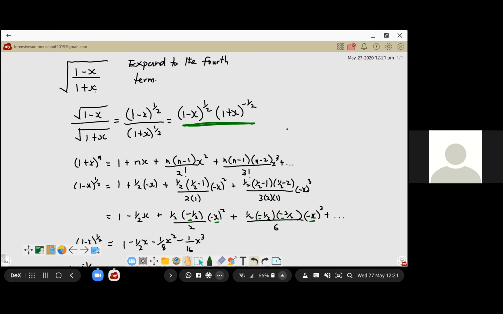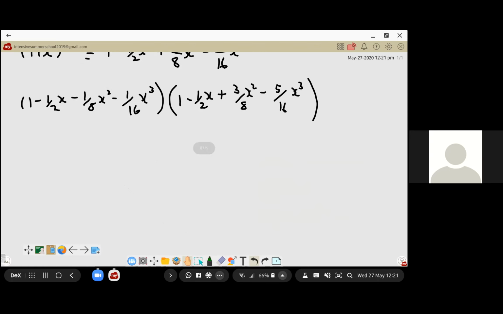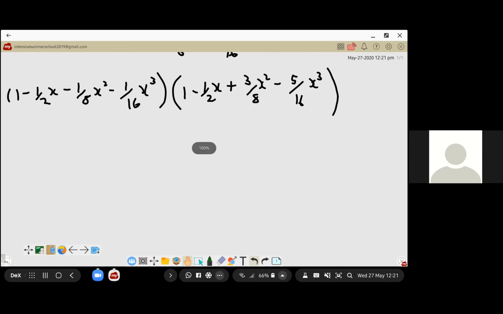Okay, good, thank you. Remember, for the fourth term the power of x is 3. So in our multiplication, when we reach the power 3, we stop, because any power beyond 3 will not appear in the first 4 terms.